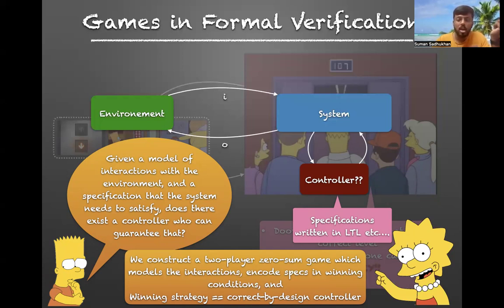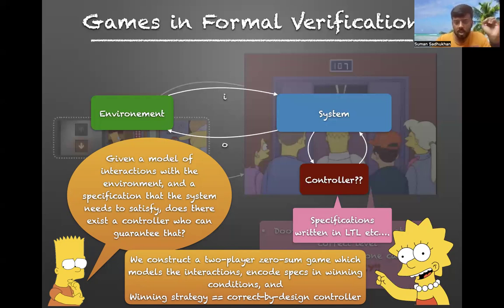And the specifications we encode as the winning condition, and then the problem of synthesizing such a controller reduces to knowing whether there exists a winning strategy or not in that game. If there is a winning strategy for the controller in that two-player game, then we say that there is a correct-by-design controller for the given specification.